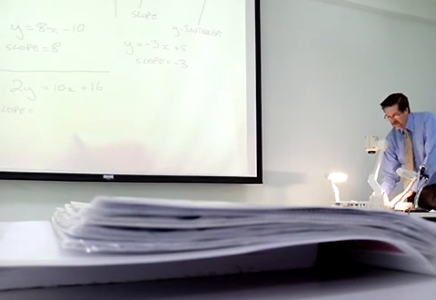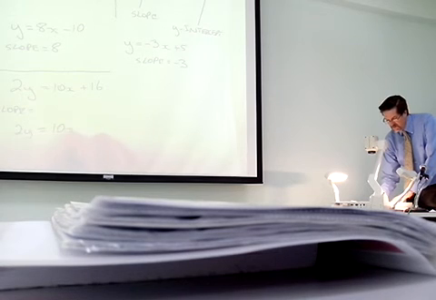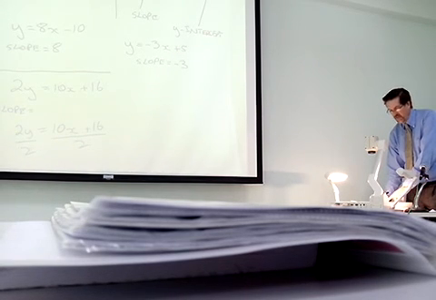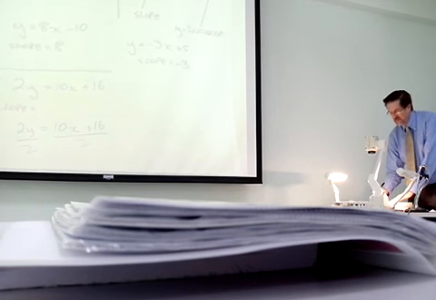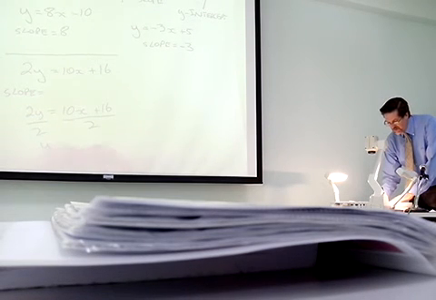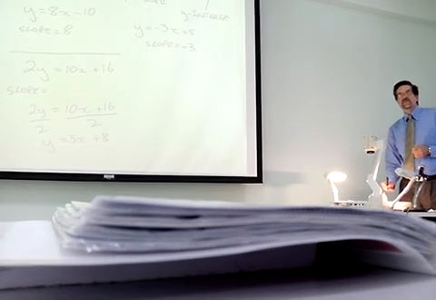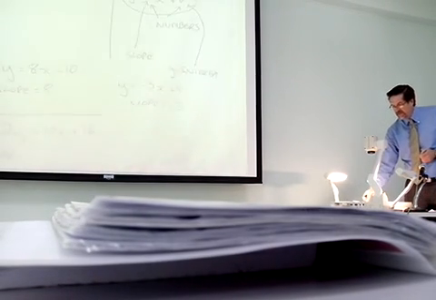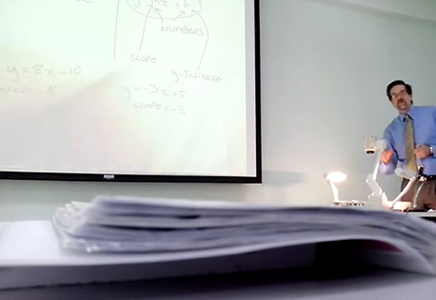So what do I have to do to this equation to get it into this form? I have to divide both sides by 2, so I can get y on its own. Then I would have y equals 5x plus 8. Then I've written that equation in the correct form: y equals something.